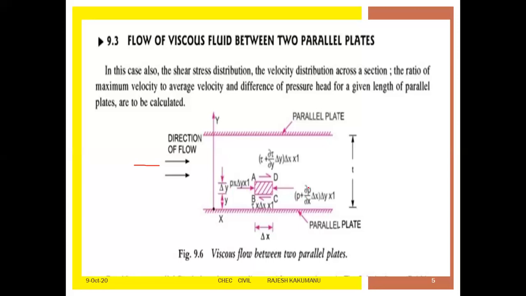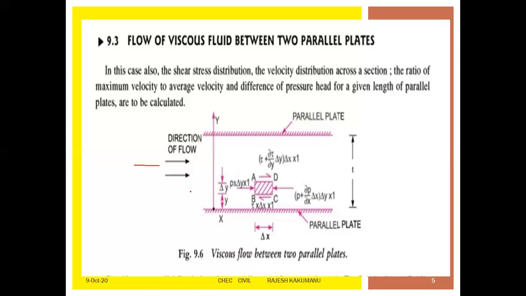Here p plus dou p by dou x delta x, dy into 1. So here the tau is in this direction, tau into delta x into 1. Here tau plus dou tau by dou y dy, delta x into 1. So like this. This is the distance in front view, and there is a distance in the top view. The y is a point at any distance from the plate.